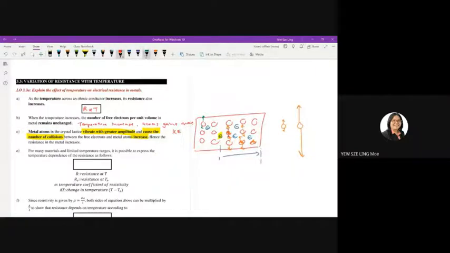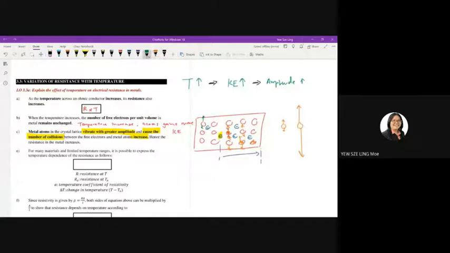So basically you are looking at the relationship starting from temperature. If temperature increases, followed by that, the kinetic energy of the atoms increases. They gain more kinetic energy. What happens when they gain more kinetic energy? Amplitude increases.